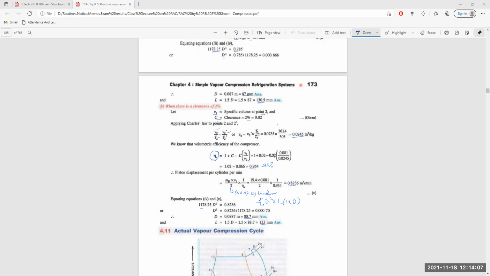Cycle. What we have done first, we have made a TS diagram, and a pH diagram. This is the pH chart.